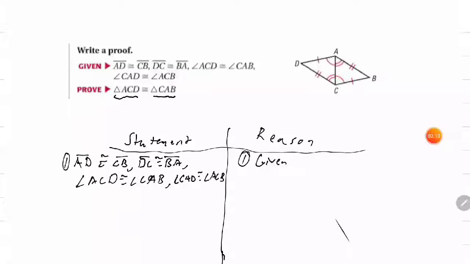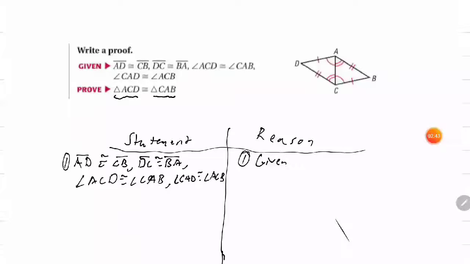Okay? So we need a plan of attack, or plan of how to get to that statement. Sometimes we use the trick of just using what we have, and then it'll eventually lead down there. But what do we know about congruent triangles? Or what do we need in order to show two triangles are congruent?